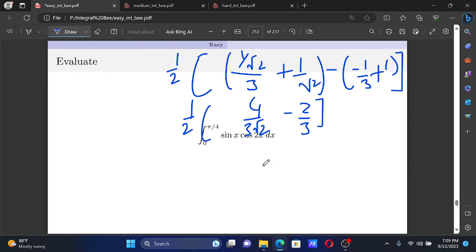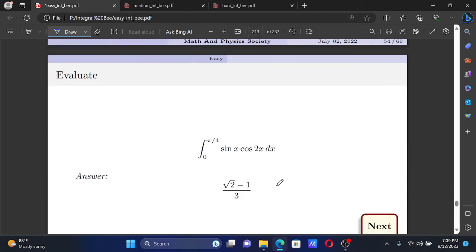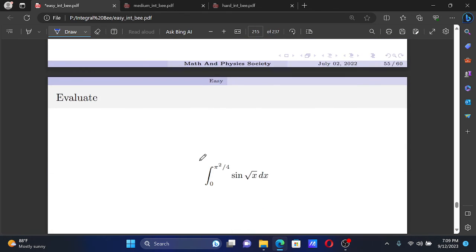So that will be 2 by 3 root 2 minus 1 by 3 as our answer. And we can just take LCM, so root 2 minus 1 by 3 as our answer. Let's go to the next one.